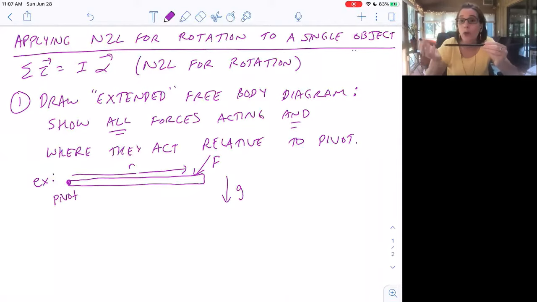Where would the weight of the object act? You might say, well, it acts at every point, and sure, but that's a very useful thing about the center of mass. That weight acts as if all that mass was at the center of mass. So at the center of mass, you're going to have the weight force mg.